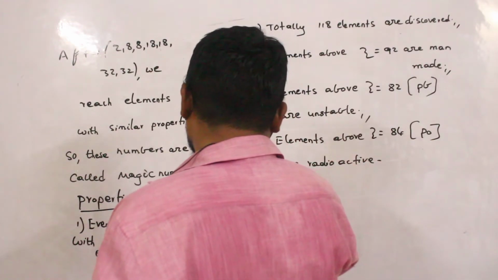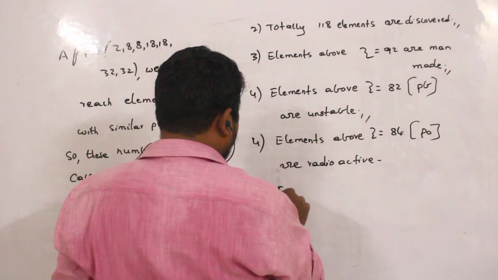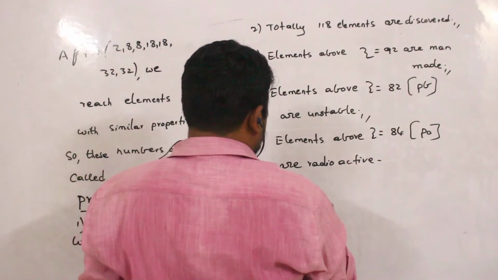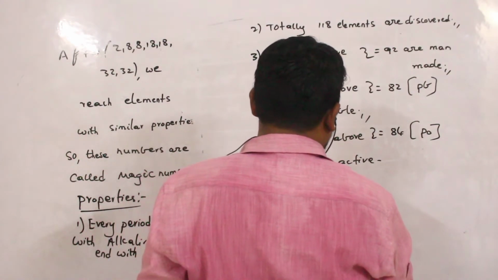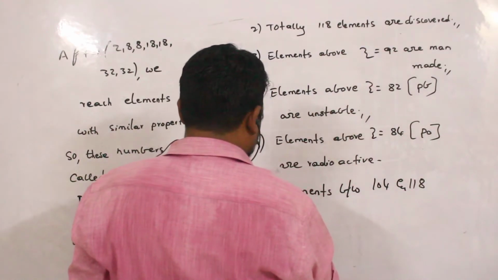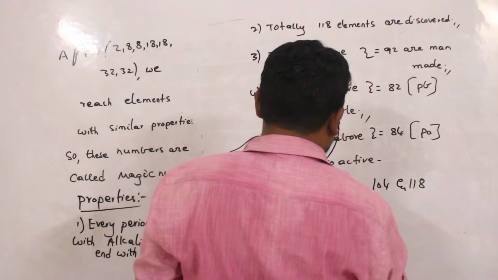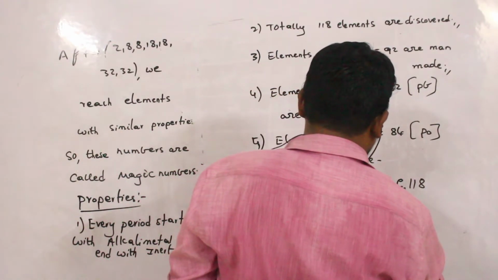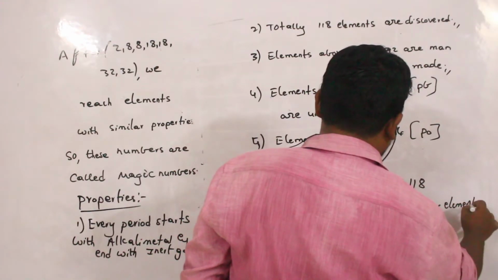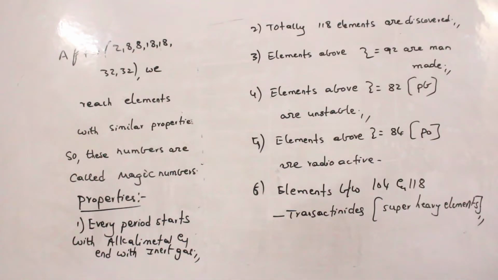Fifth property: elements between 104 and 118 are called transactinides, or you can call them super heavy elements also. Are you able to understand?